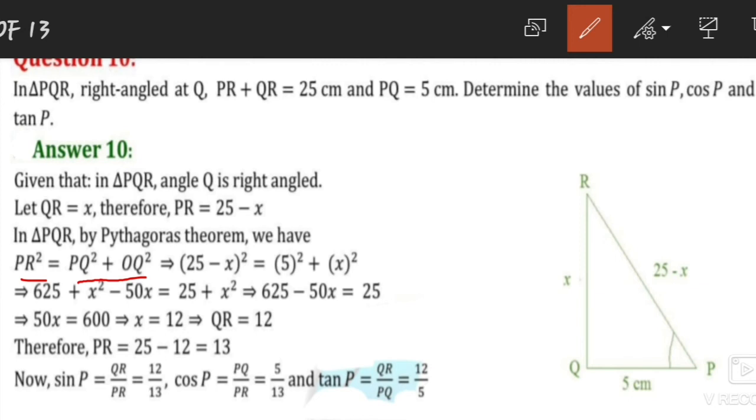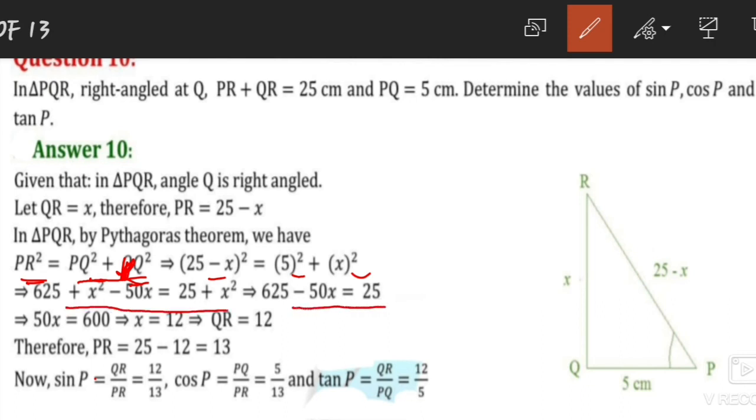In place of PR, PQ and QR, put the values: 25 minus x whole square is equal to 5 square plus x square. If you do the square on both sides, you will get this equation.